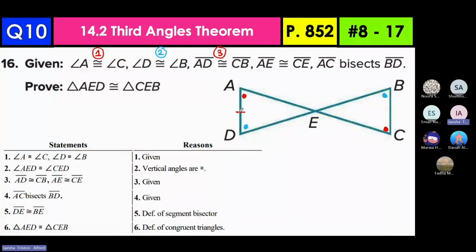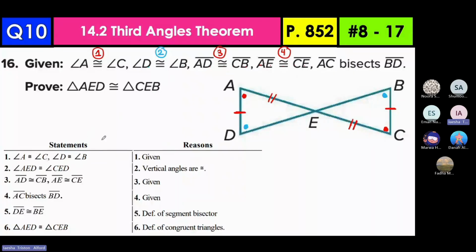So this side is congruent to this side. Given number 4, AE congruent to CE. I'm putting 2 lines. Everybody catching on how I'm marking the picture? Okay.